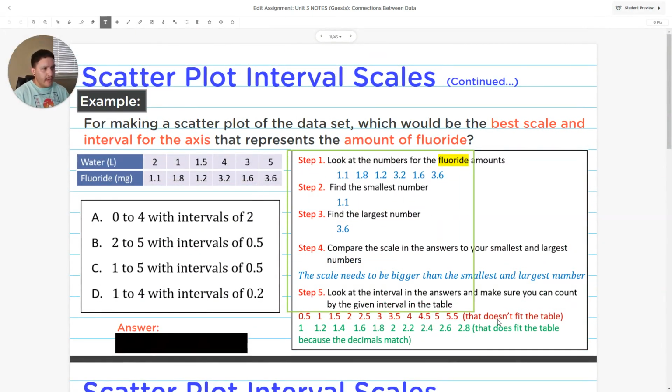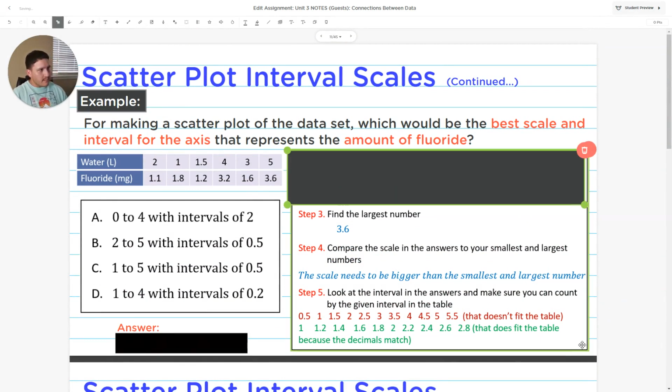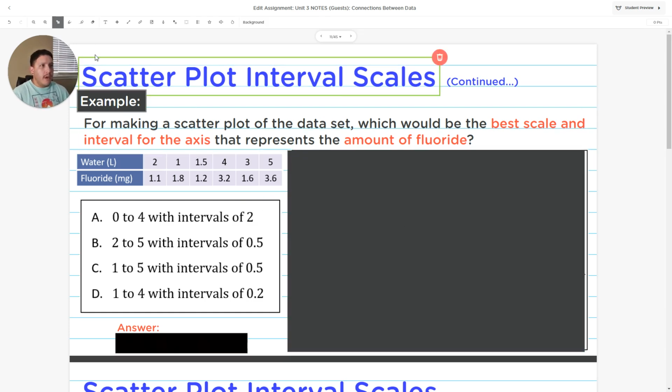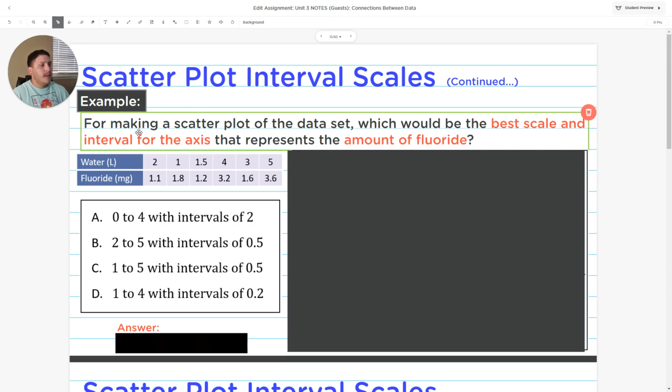I'm going to cover some of this up and then reveal it as we go over it. So, for this example, for making a scatter plot of the data set, which would be the best scale and interval for the axis that represents the amount of fluoride. Okay, so we have water in liters and we have fluoride in milligrams. Now notice what this problem asks for.